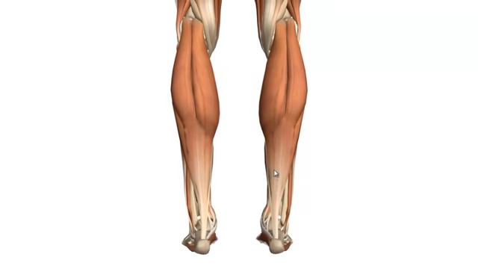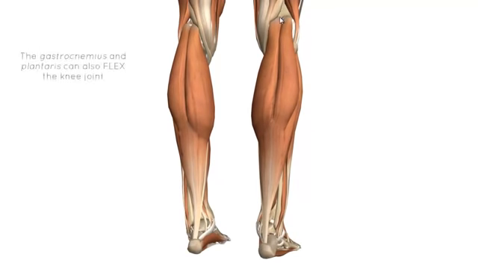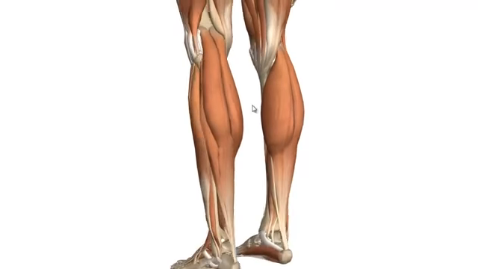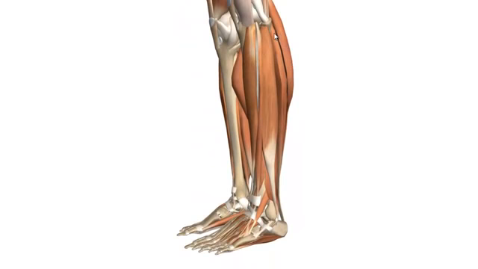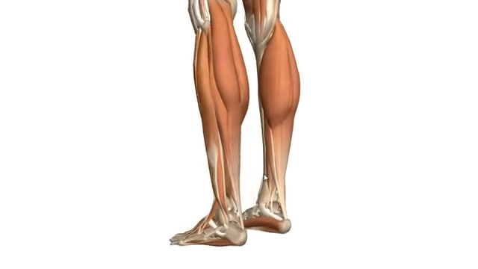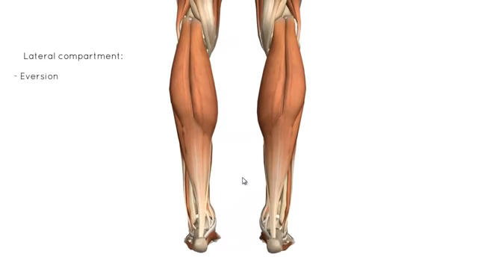As well as plantarflexion, flexion of the digits, and inversion, there are two muscles in the posterior compartment which can flex at the knee because of their attachment on the femur, and these are the gastrocnemius and the plantaris muscle, which I'll come on to talk about. The lateral compartment muscles lie laterally, and these evert the foot. This tutorial will be concerned with the muscles of the posterior compartment of the leg.